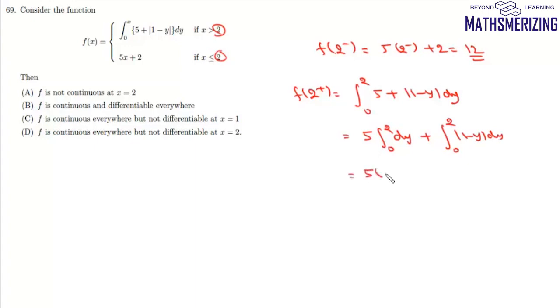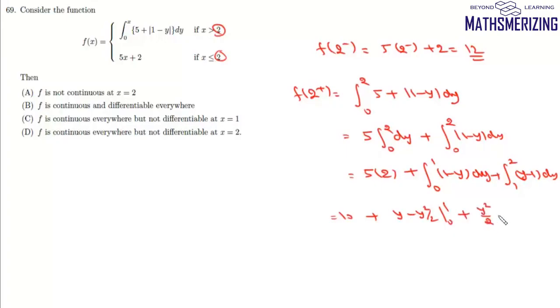Now this is 5 into 2, and then plus the integral from 0 to 1 of (1 minus y) dy, and then from 1 to 2 of (y minus 1) dy.